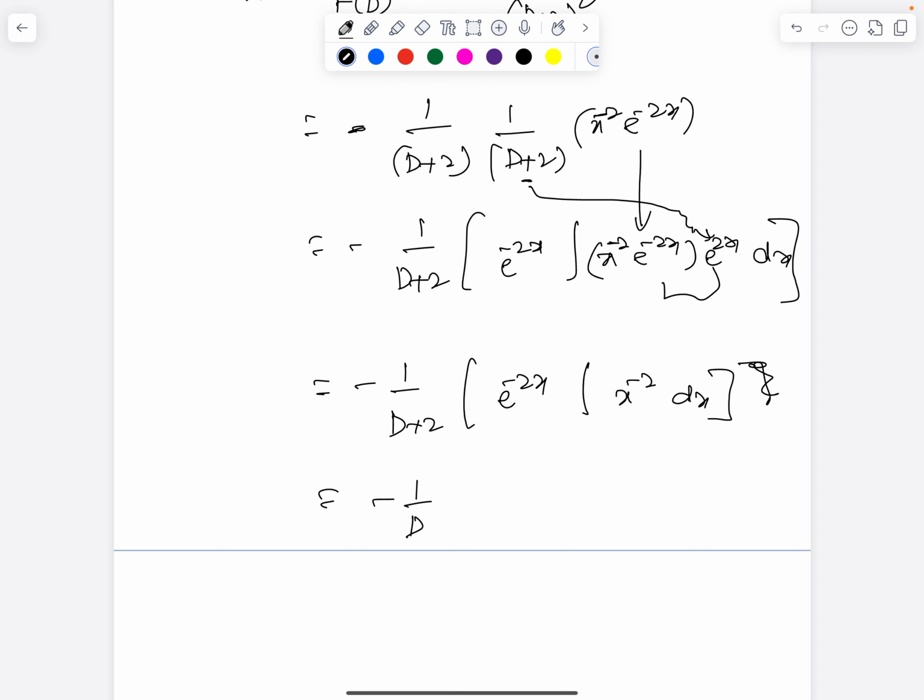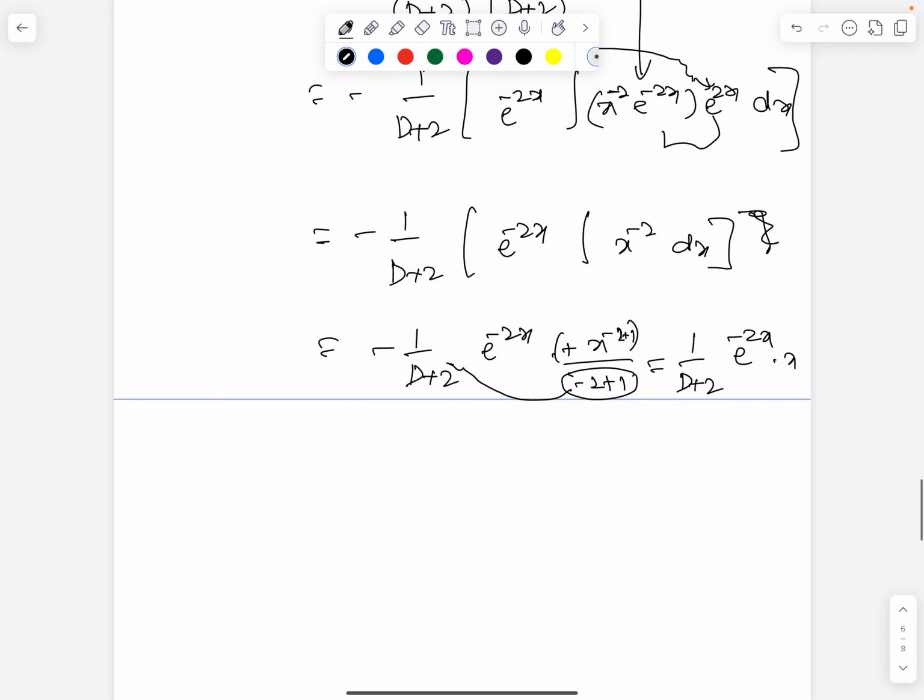Therefore, you have to simplify further, that is e power minus 2x into the integration of x squared, which is x power minus 1 divided by minus 2 plus 1. This is giving a minus there, and minus into minus is becoming plus. So, e power minus 2x into x power minus 1, which is already there.